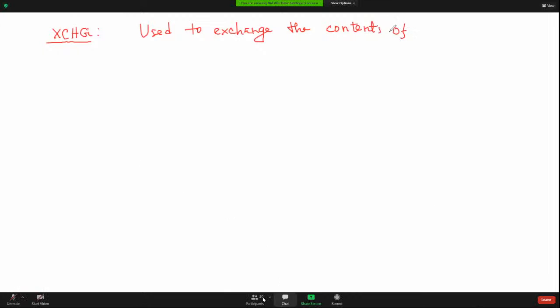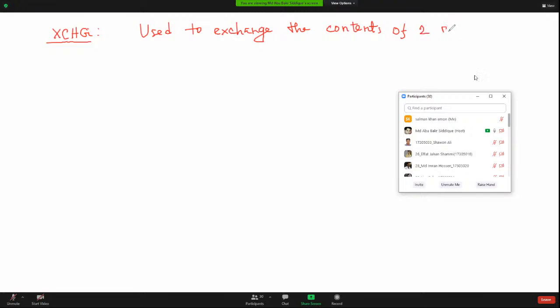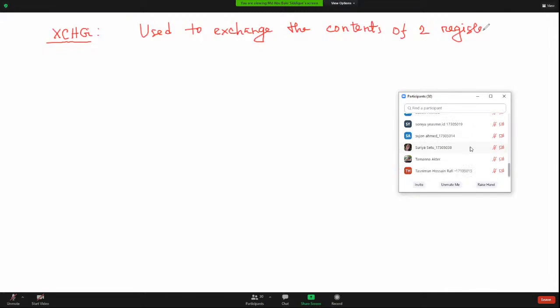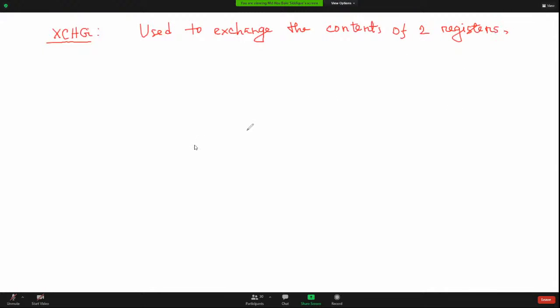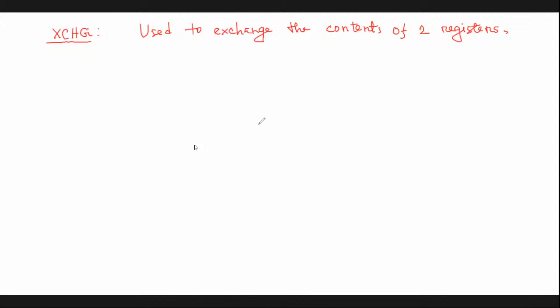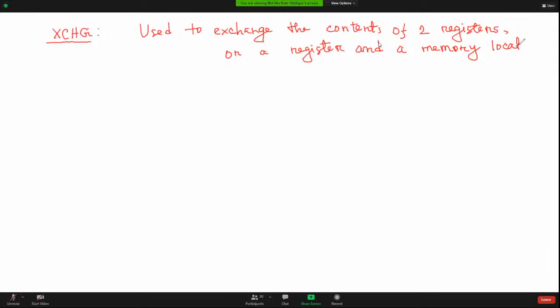You can exchange the content of two registers, or you can exchange the content of a register and a memory location. So why do you need an exchange instruction?